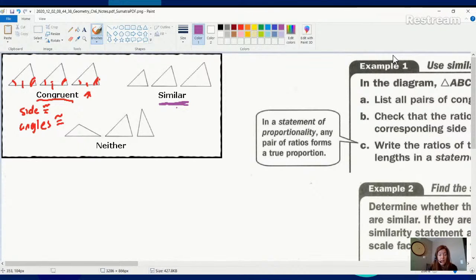In similar polygons, again, that doesn't just apply to triangles, it means that all of our angles still are all congruent to each other. And that's true for a triangle, quadrilateral, whatever it might be. So in similar items, our angles are congruent, but our sides are not.